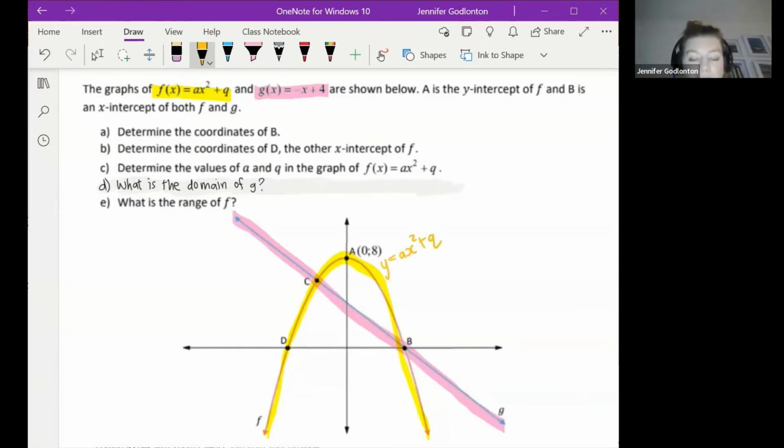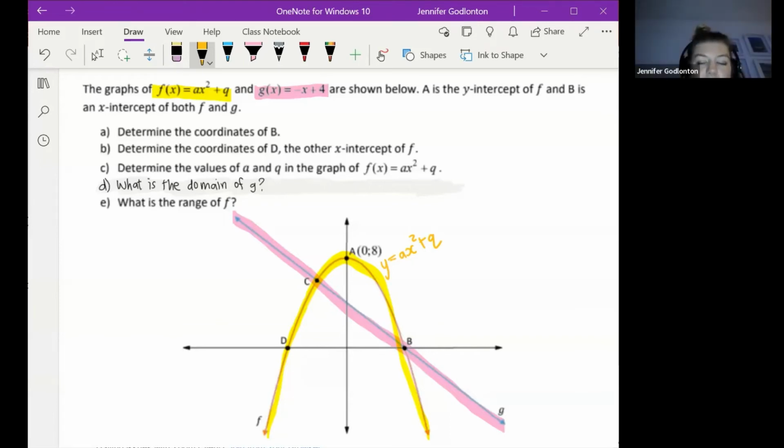What can you tell me that you already know about that graph? There's something that you definitely know already. If we're looking at that here, so we're not looking at the questions. Exactly, the y-intercept. So the y-intercept is telling me a value. So what do I actually already know? How could I write this instead of y equals ax squared plus q?